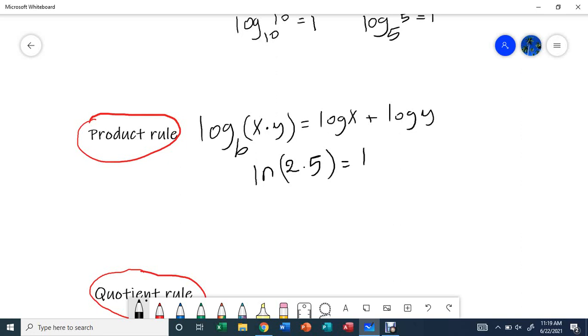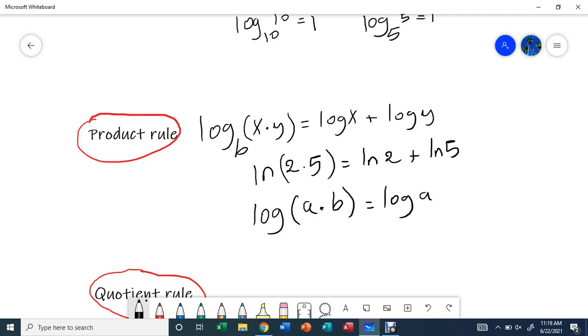It's natural log of 2 plus natural log of 5. Let's do another example. Log of a times b is log of a plus log of b.